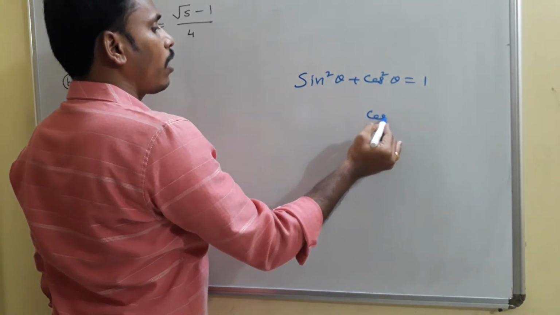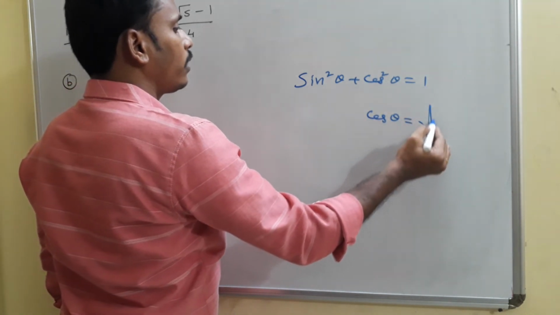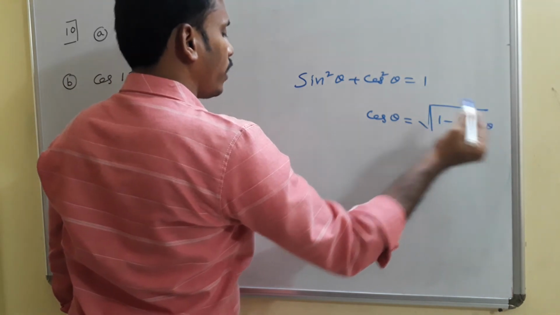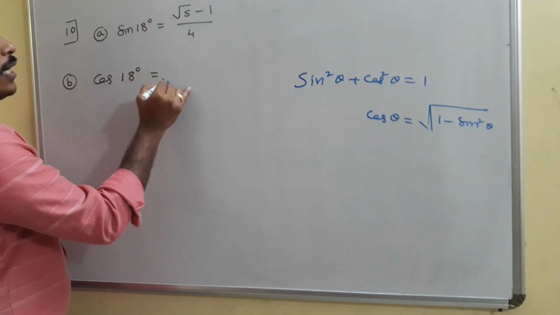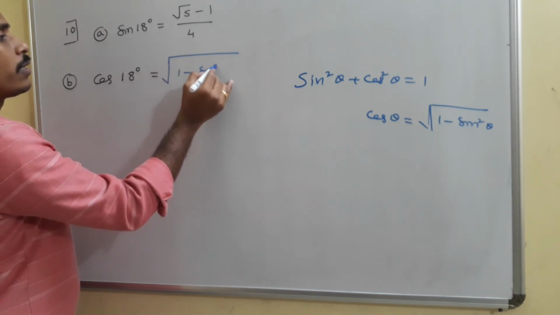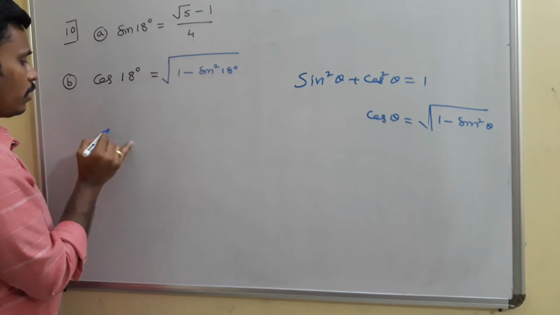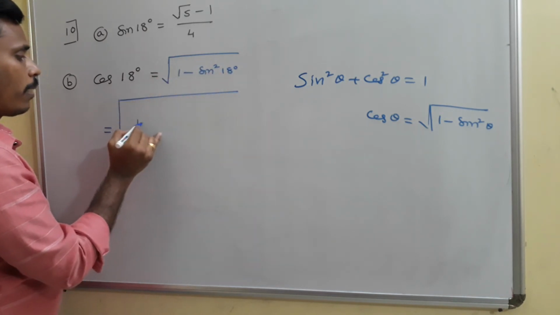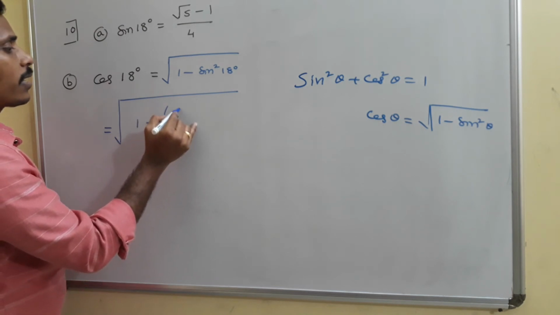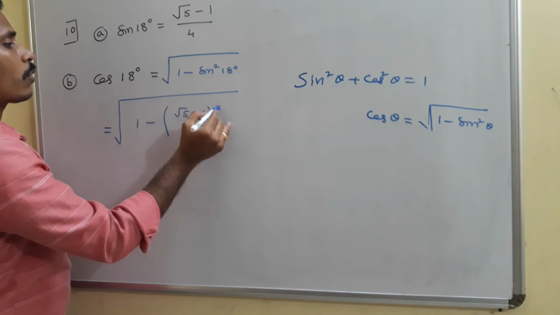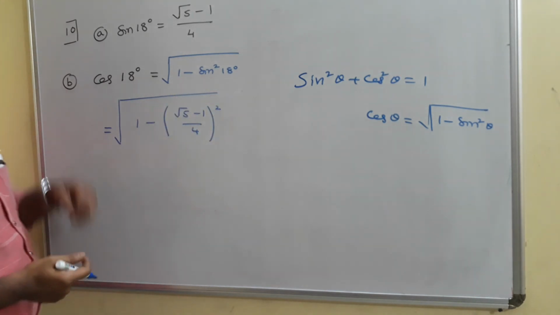If you make cos theta the subject, you will get cos theta equals the root of 1 minus sin² theta. So cos 18 degrees is the root of 1 minus sin² 18 degrees. That's what you need to simplify. Sin 18 degrees is (root 5 minus 1 by 4) whole squared.